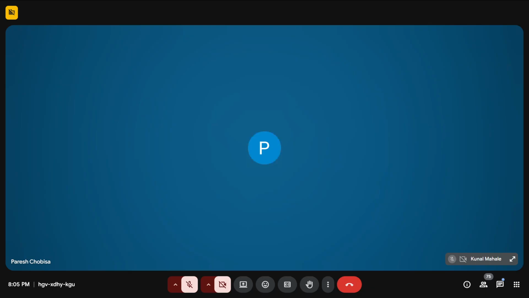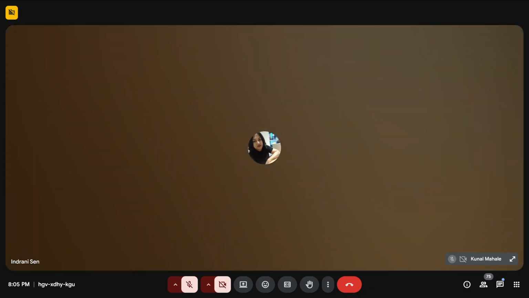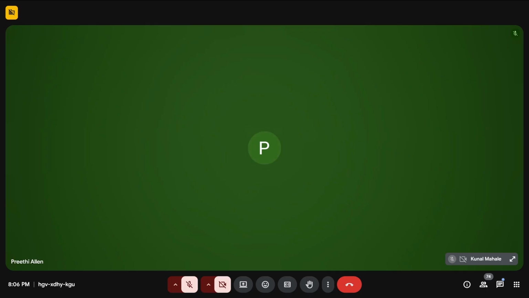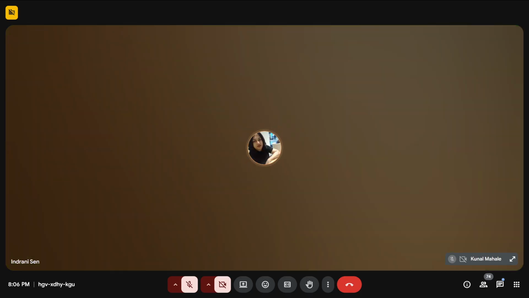It's not visible. Wait, I'll increase the size. Can you see it? Can you see now? Screen is not shared, ma'am. Okay, before it was shared, no? Yes, ma'am.